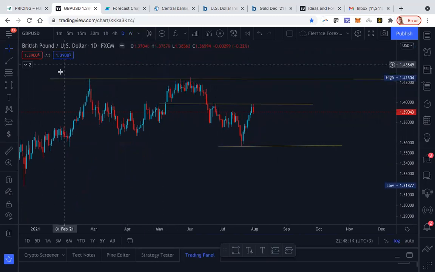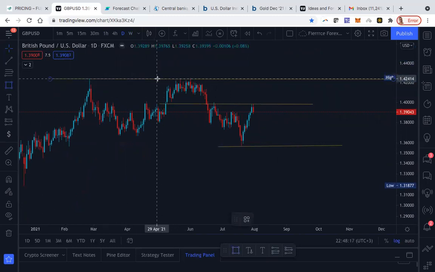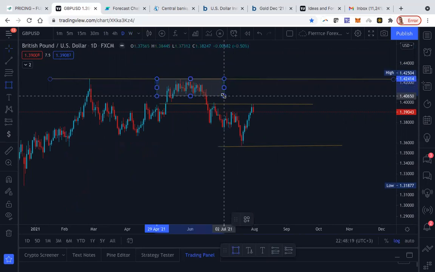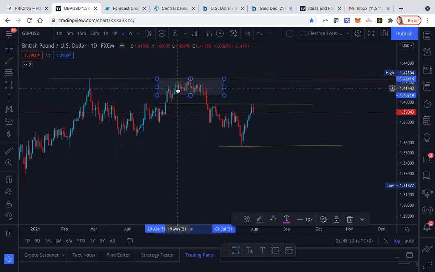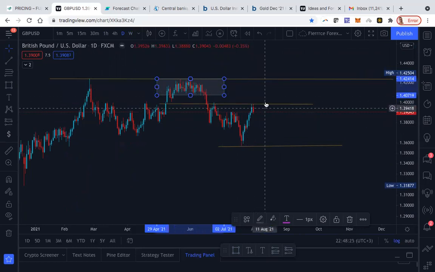But similarly to gold, there's also this interesting zone here. We are definitely going to push back into this zone at some point.